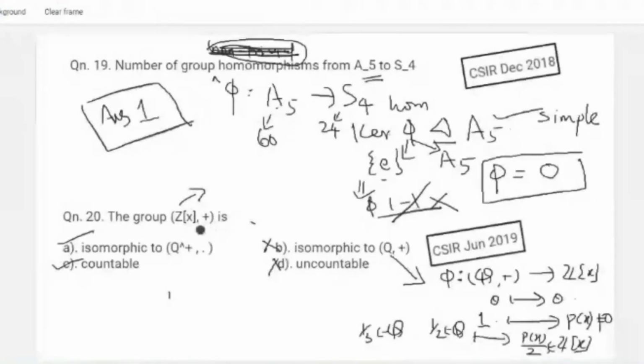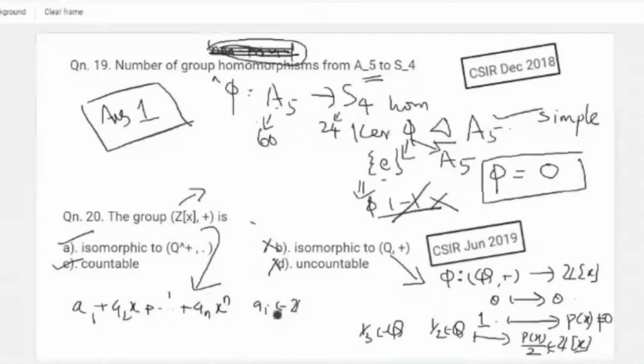It is like this isomorphism. I will just give the function, and you can verify this. Consider an element a1 plus a2 x plus up to an x^(n-1), where the ai are integers. Every element of Z[x] has this form. You map this element into the positive rationals with multiplication, the group Q plus with multiplication.